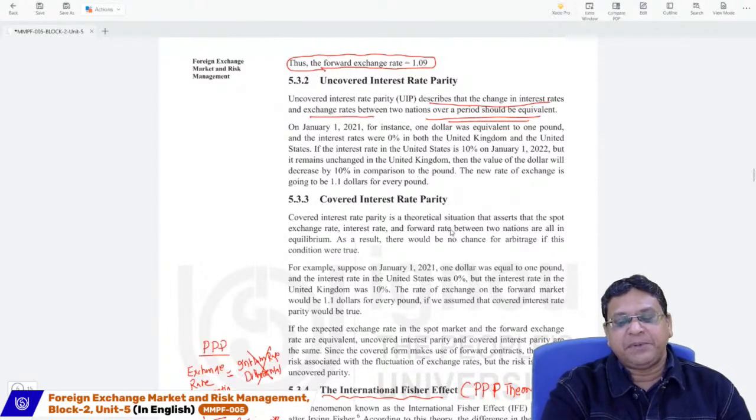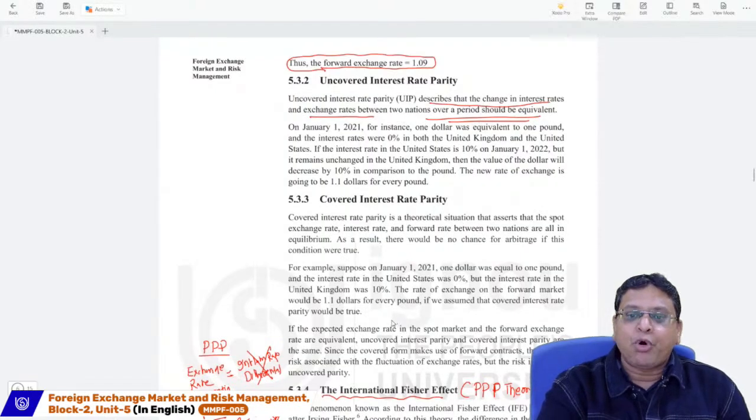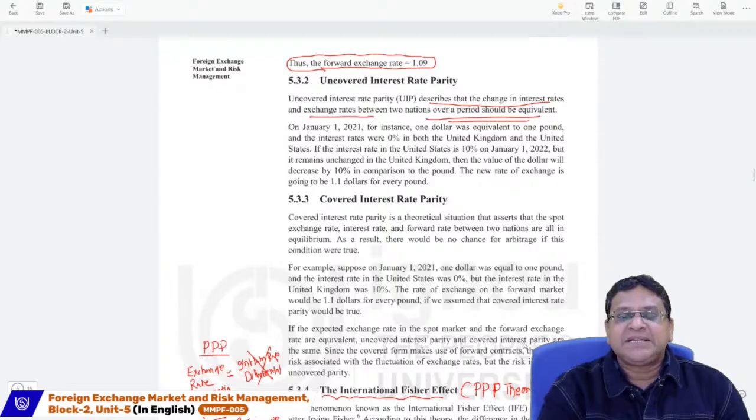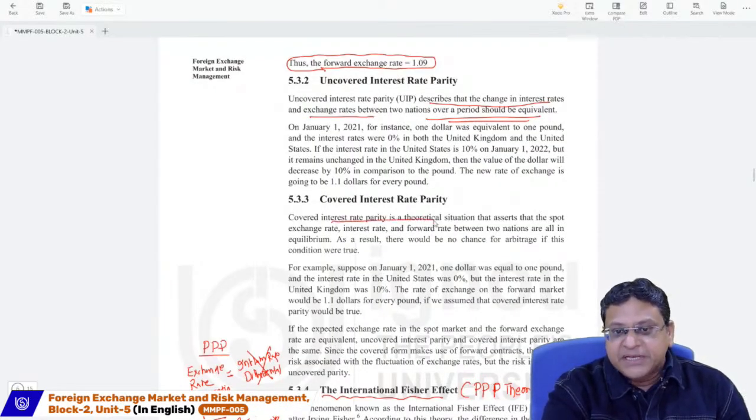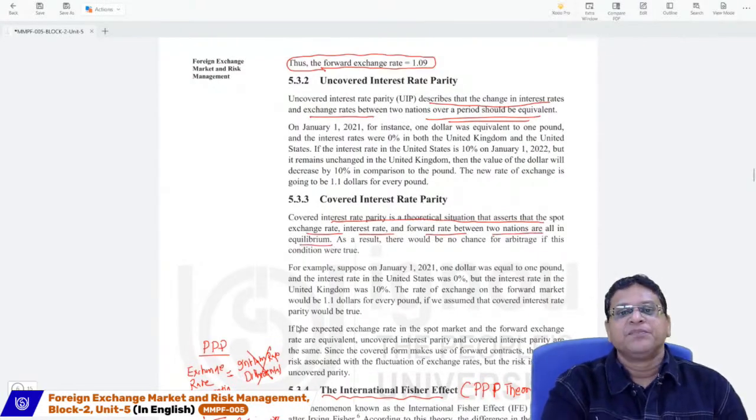But covered IRP takes the help of forward exchange rate to establish the positions given under uncovered IRP. What is forward exchange rate? Covered IRP is a theoretical situation that asserts the spot exchange rate, interest rate, and forward exchange rate between two nations are all in equilibrium.